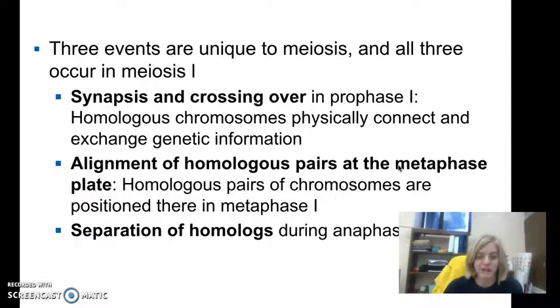That increases genetic variation. Secondly, at metaphase, the homologous pairs line up along the center as opposed to just the sister chromatids. And then finally, in anaphase, the homologous pairs are separated. So the first round of meiosis is all about separating the homologous pairs. And then when we get to meiosis 2, we can separate the sister chromatids.